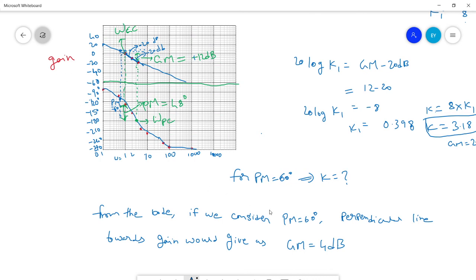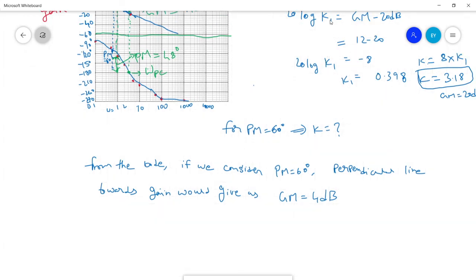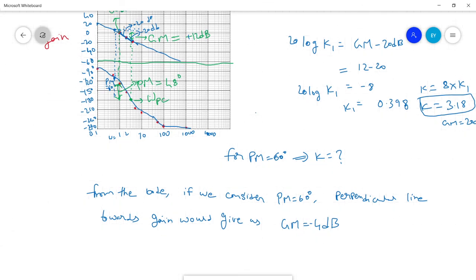Therefore, from the same equation we computed here, 20 log K is equal to the actual gain margin. This is approximately minus 4 dB, minus 4 because it is crossing the limit from 0.